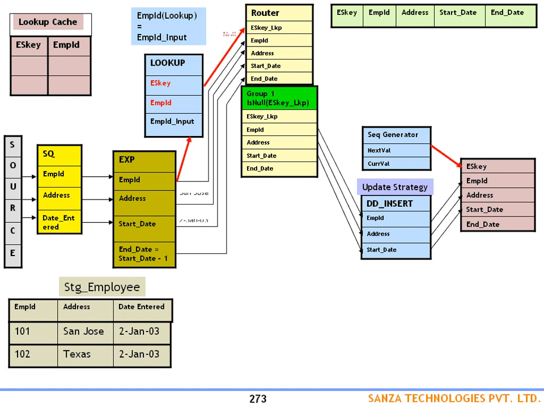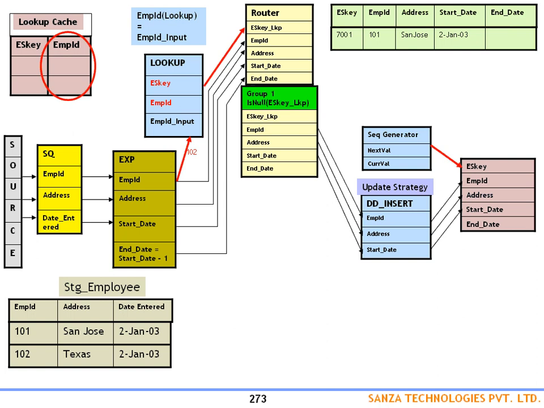For that particular employee 101, the surrogate key is null. It goes to the router, where the employee surrogate key is null: yes. Update strategy transformation, along with a new number, and it goes to the target table. Then we'll take the second record from the qualifier, 102 Texas, 2nd January 2000.